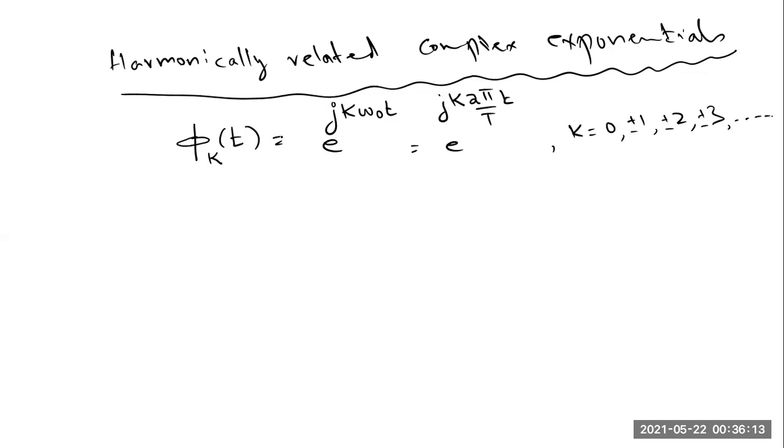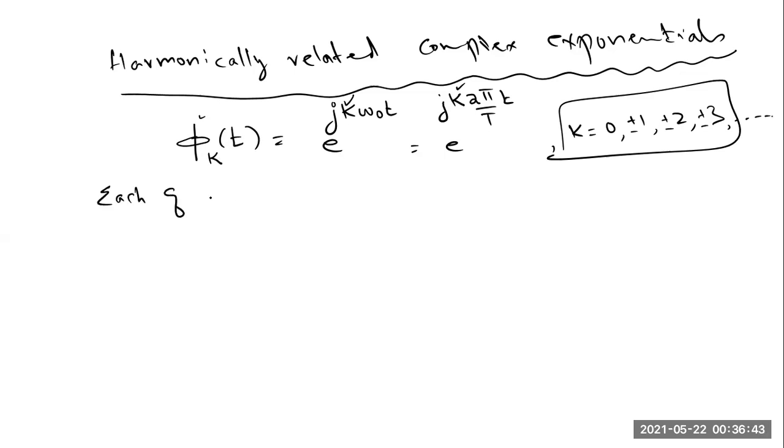So what is the relationship? If you put different values in this expression, for every different value of k you will get a different signal. So phi 0, phi 1, phi 2, phi 3, all of them are complex exponential signals, and all of them are periodic. The relationship is that the fundamental frequency of each of these signals will be a multiple of omega naught. So let me write this statement.